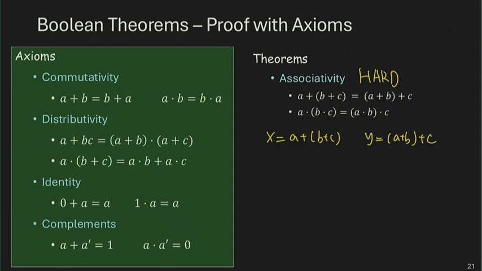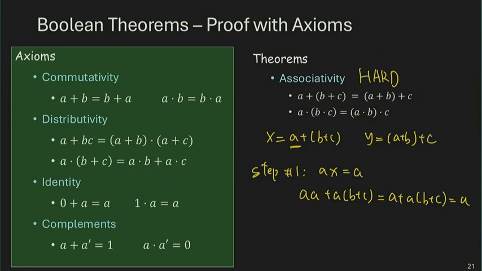And then step number 1 would be to prove that ax equals a. Any variable that is part of x, when you multiply it by x, you get back that variable. Formally, this would be aa plus a(b plus c), which is the same as a plus a(b plus c), which is a.